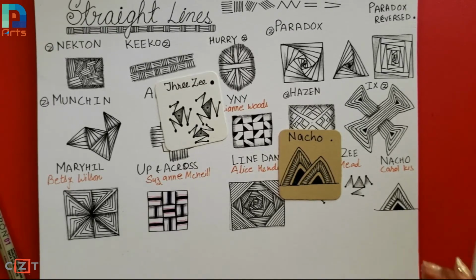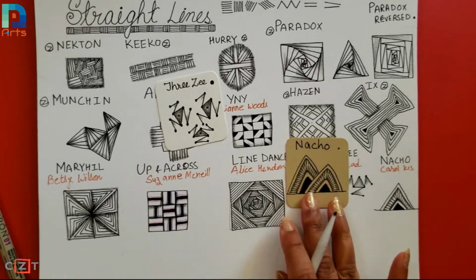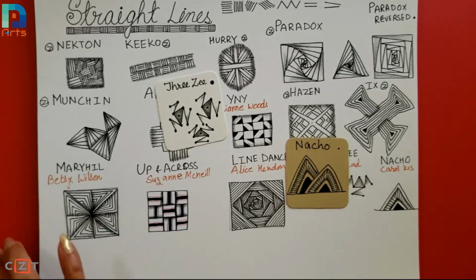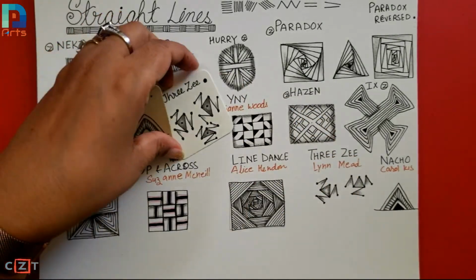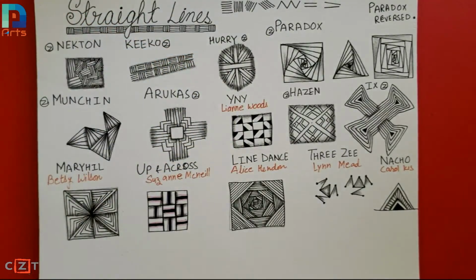So sometimes we really want the wavy or the movement, sometimes we really want the square or very straightish tangles. So to keep the balance, it is really important to know your tangles, like what kind of line you can use in this one.